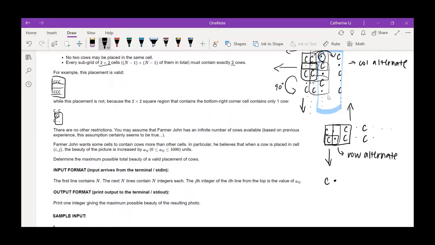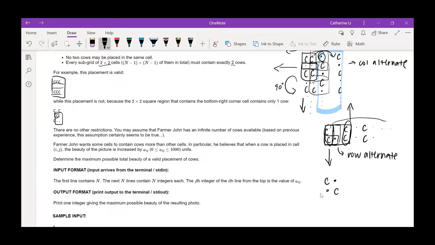Otherwise, we could have a cow and a dot like before, but instead of doing a cow and a dot underneath those, we do a dot and a cow. So now there's a bit more freedom to what we can do, because whenever we have two cows or two dots next to each other, we have a lot of things that are fixed.